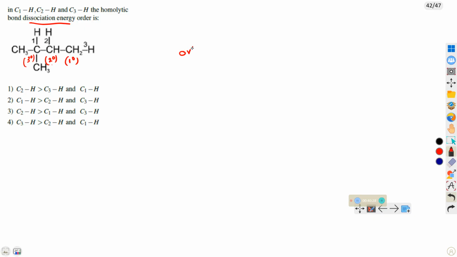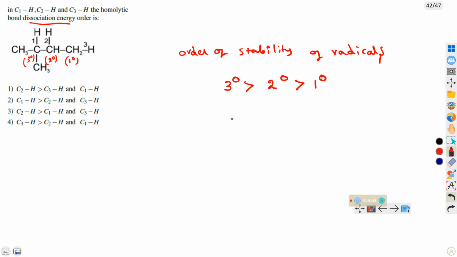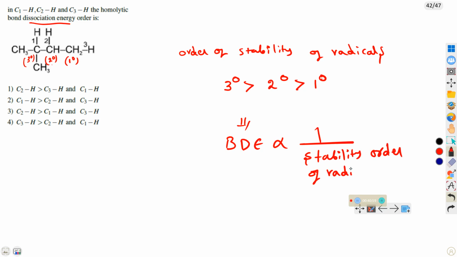Order of stability of radicals: 3 degree free radical more stable, after that 2 degree, finally 1 degree. Bond dissociation energy order is inversely proportional to stability order of radicals. So based on that, fourth option correct.